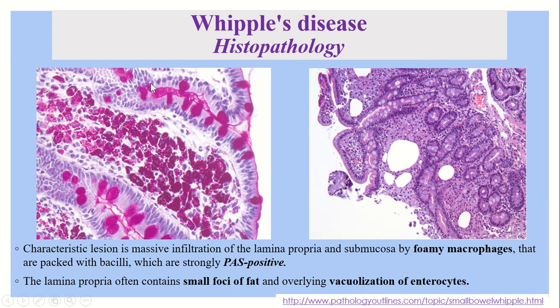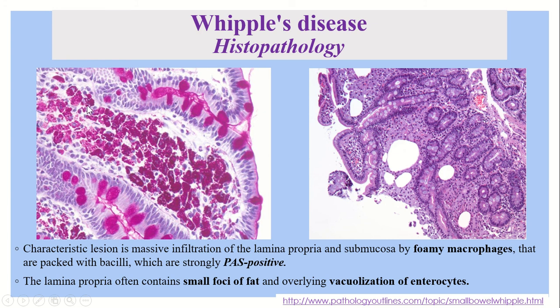The histopathology of Whipple disease. In Whipple disease, during the biopsy, there are two major histologic features. First of them is foamy macrophages that engulf the lipids, and they are PAS positive macrophages.